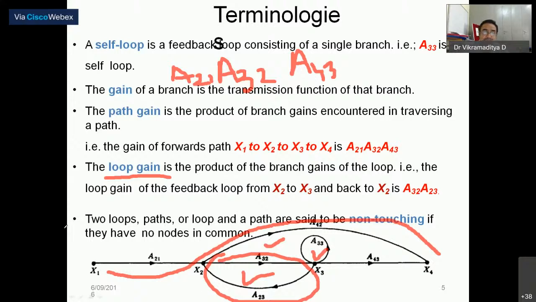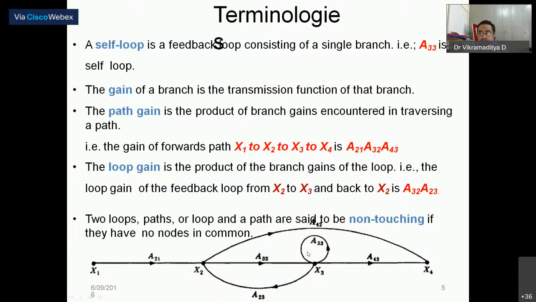Now, another term being used is non-touching. Touch is very clear, in Hindi it is chhuna. Non-touching simply means that the loops are not touching each other. For example, let's talk about these two loops.